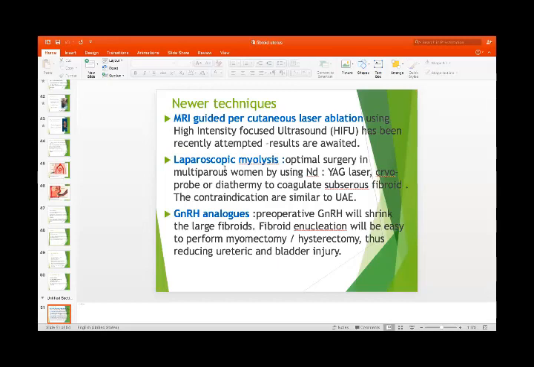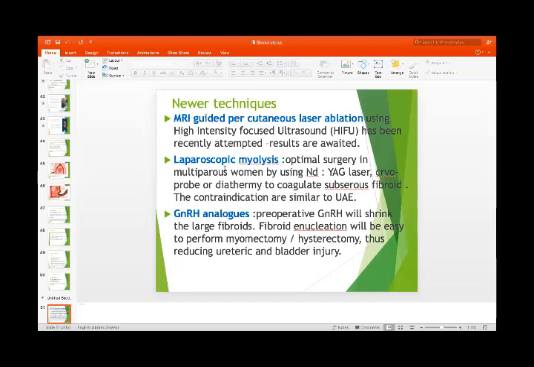The other is laparoscopic myolysis. The fibroid is lysed. It is an optimal surgery in multiparous women by using laser, Nd:YAG laser or cryoprobe or diathermy to coagulate the subserosal fibroid. The contraindications are similar to uterine artery embolization.